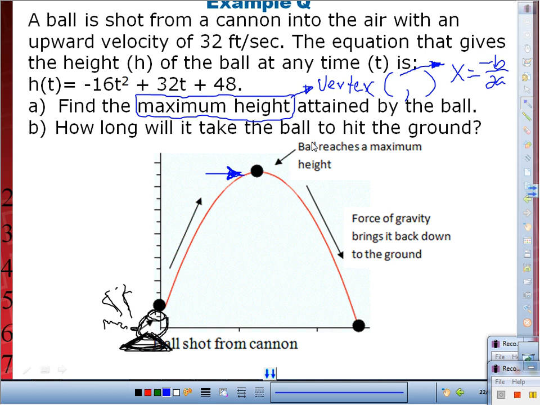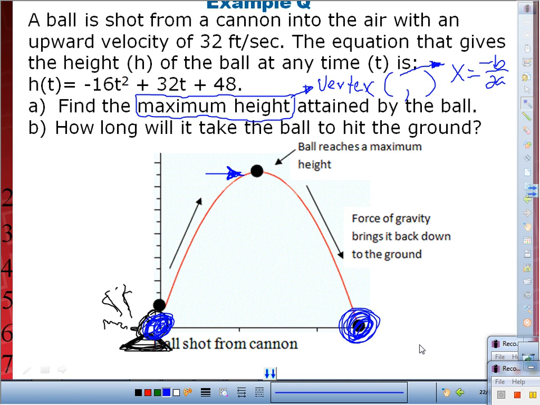All right, let's break down the second part. How long will it take the ball to hit the ground? What does that mean? So look up, please. When does it hit the ground? Right here. Is that correct? Where did it start? Over here. What do this point and this point, what are those called? Tell your neighbor, please.